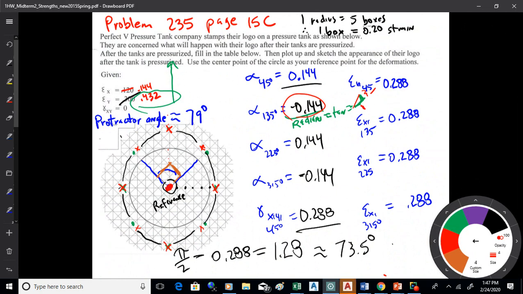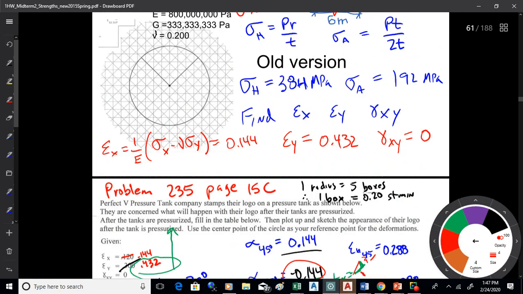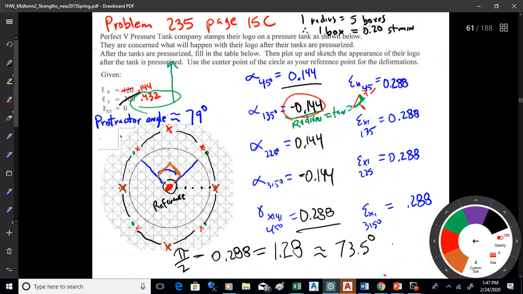And to do that, we had information where we found alpha and epsilon at each of the angles there, 0, 45, 90, 135, 180, 225, 270, 315. So we went ahead and found alpha and the epsilon.